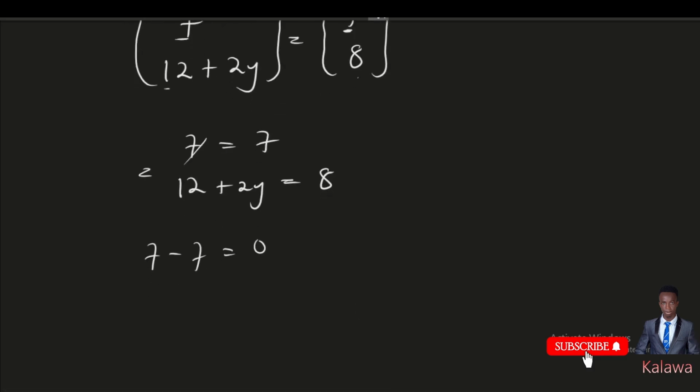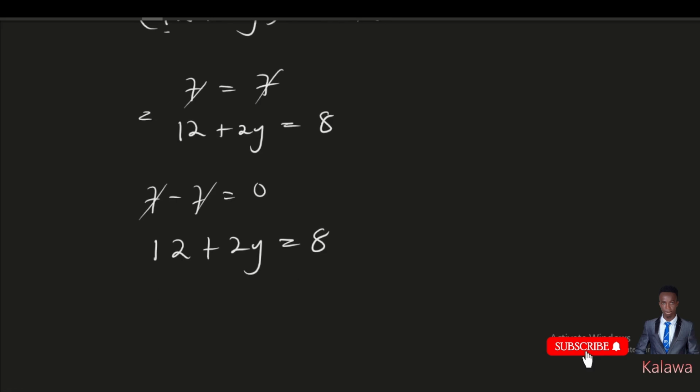So this cancels. And this again, if we transpose, remember, we are looking for y. This one is going to give us 12 plus 2y equals 8. Remember, we are looking for y. We are finding the value for y.